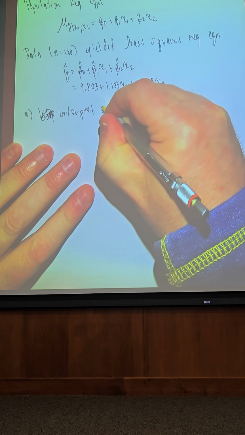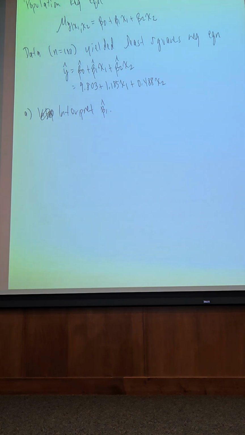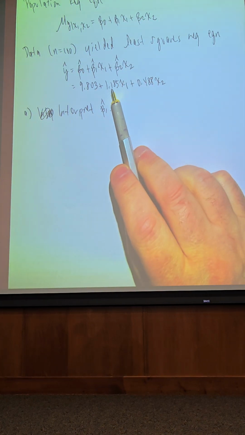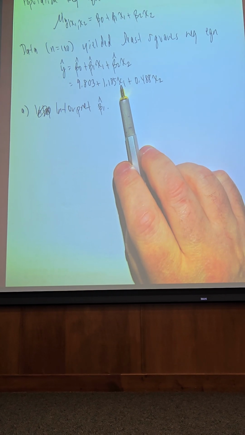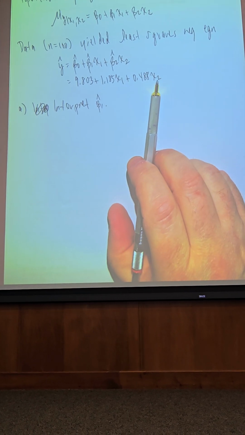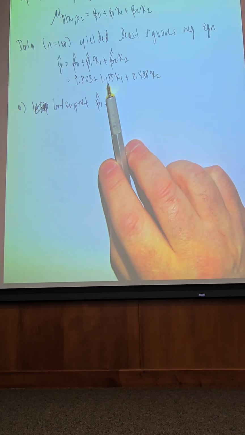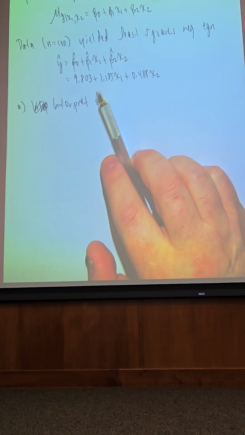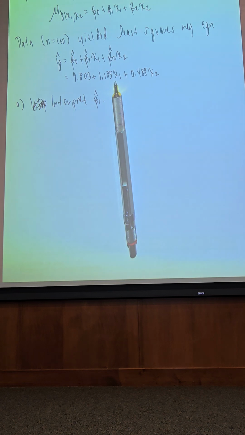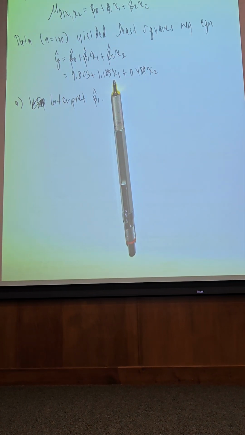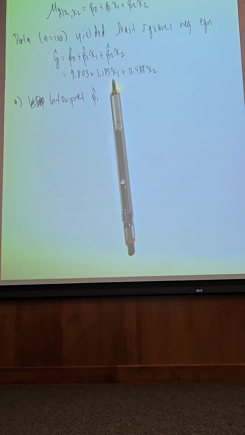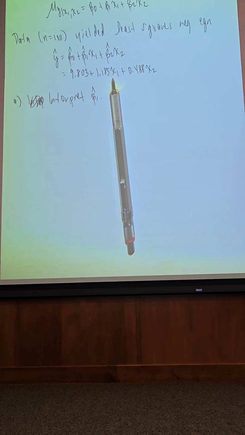Beta 1 hat. So remember X1 is gestational age. X2 is the APGAR5 score. Interpret that quantity there. What is that kind of saying? X1 is gestational age. Beta 1 hat is positive.